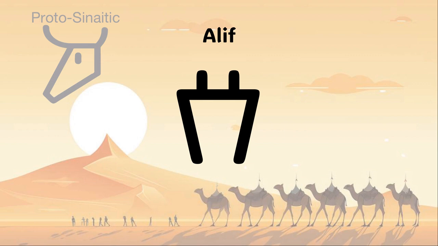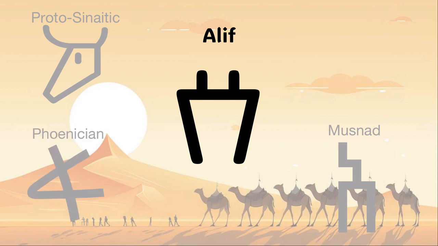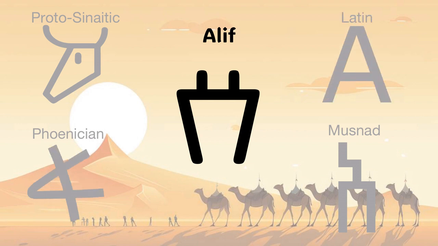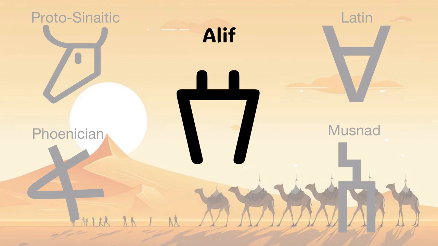It's very similar to the Musnad form, although Musnad lost one of the horns. Likewise it's very similar to the Phoenician form, which if we rotate to the same angle looks very similar. And we can see the same in today's modern Latin A, which has been fully rotated so the horns point down. But if we rotate it 180 degrees then we can see a very strong resemblance.